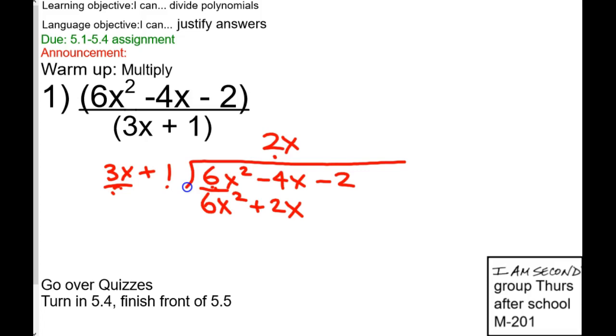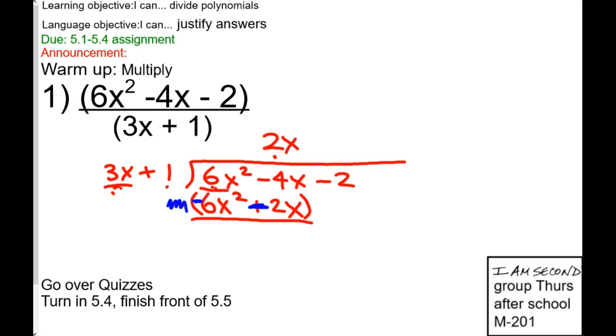Now, do y'all remember what I do with these two rows? Subtract. Okay, so these two terms minus these two terms. So I'm going to do minus and put these in parentheses. When I subtract, it changes both of those signs. So this positive 6x squared is now a negative 6x squared. This positive 2x is now a negative 2x.